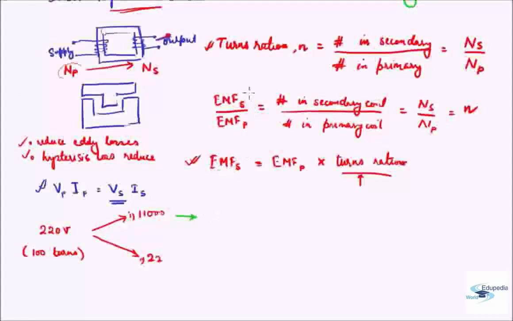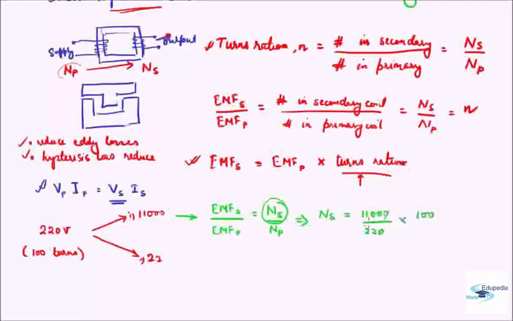The output EMF, let me write it first. EMF secondary upon EMF primary is equal to number of turns secondary upon number of turns primary. What I need is number of turns secondary. So I can rewrite it as number of turns secondary is equal to EMF secondary, which is 11,000 volt, upon EMF primary, which is 220 volt, multiplied by number of turns in primary, that is 100.